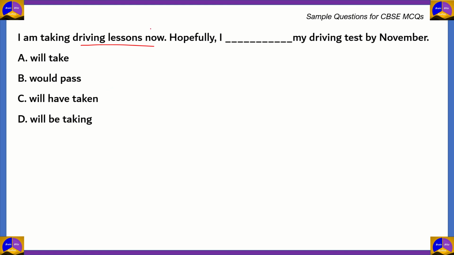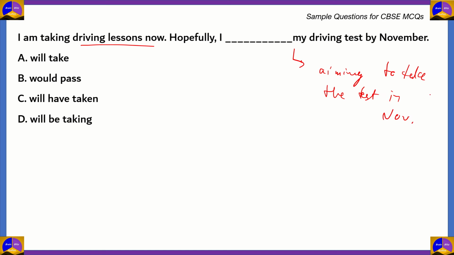So, the author is saying that he is taking driving lessons now, and hopefully, when you look at the general gist of the second statement, it means that he is aiming to take the test in November.